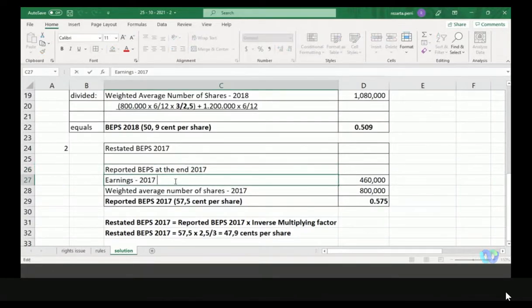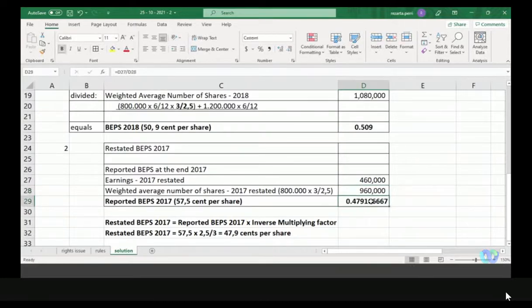So the earnings restated, no change in that, because nothing changes in the restated earnings of 2017, but the weighted average number of shares 2017 restated after the issue of the rights would be equal to 800,000 shares multiplied by the multiplying factor. So multiplied by 3 divided by 2.5. So in this case, you would have 800,000 multiplied by 3 divided by 2.5.